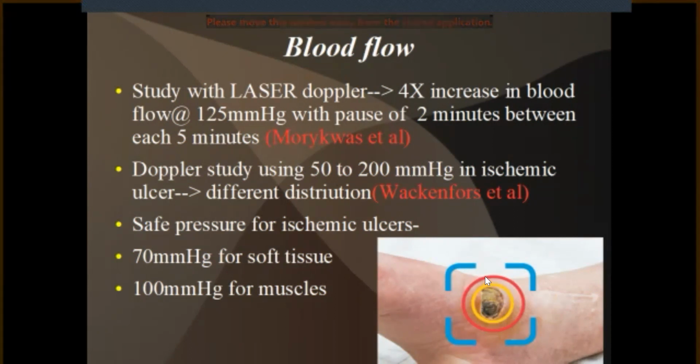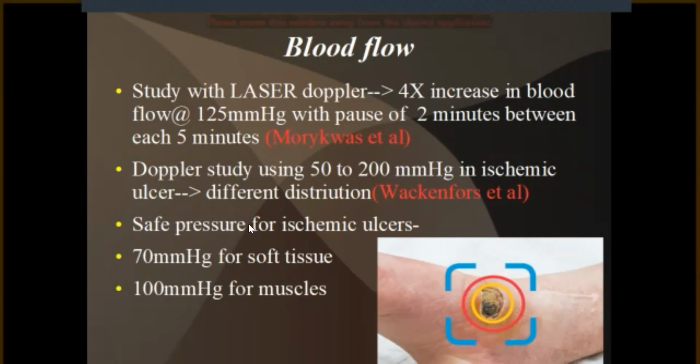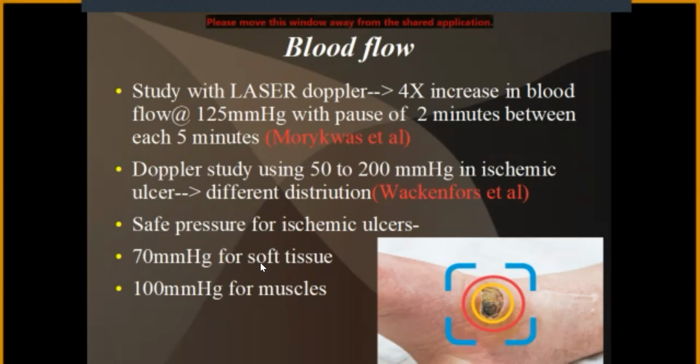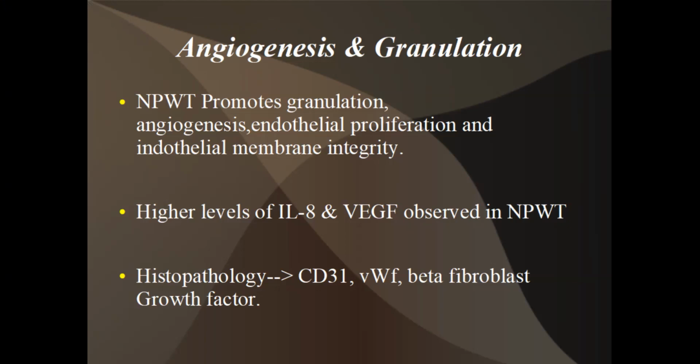So they decided to declare the safe pressure for the ischemic ulcer. They proposed that 70 mmHg for soft tissue and 100 mmHg for muscles is a safe pressure for negative pressure wound therapy. Angiogenesis and granulation: negative pressure wound therapy promotes granulation, angiogenesis, endothelial proliferation, and endothelial membrane integrity.